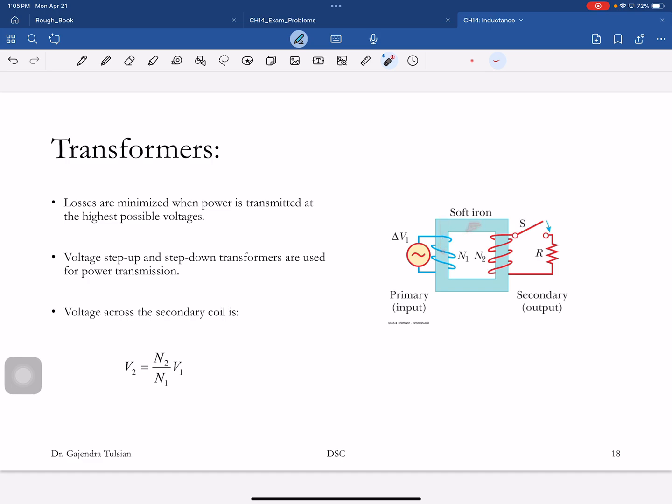And this soft iron magnetic material couples this magnetic field strongly to that coil. So if the current changes, this magnetic flux changes, and that will induce an EMF in this coil. So what's this useful for?